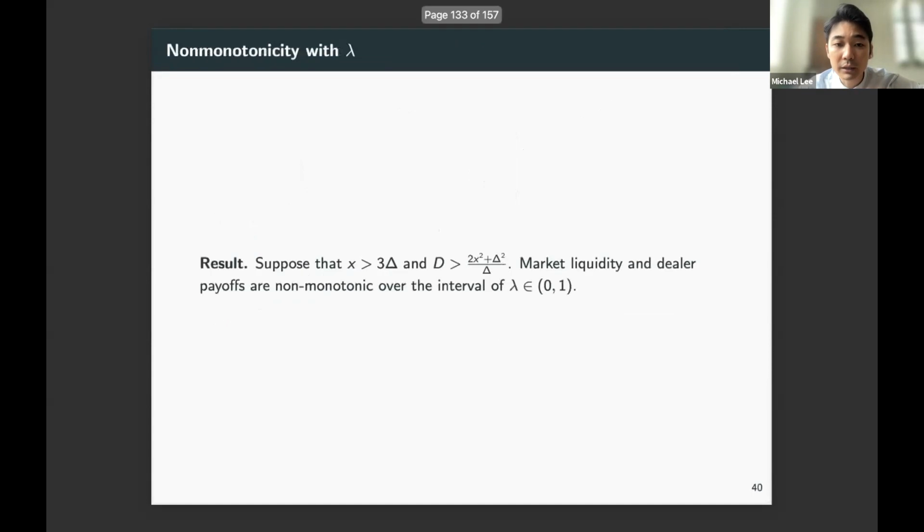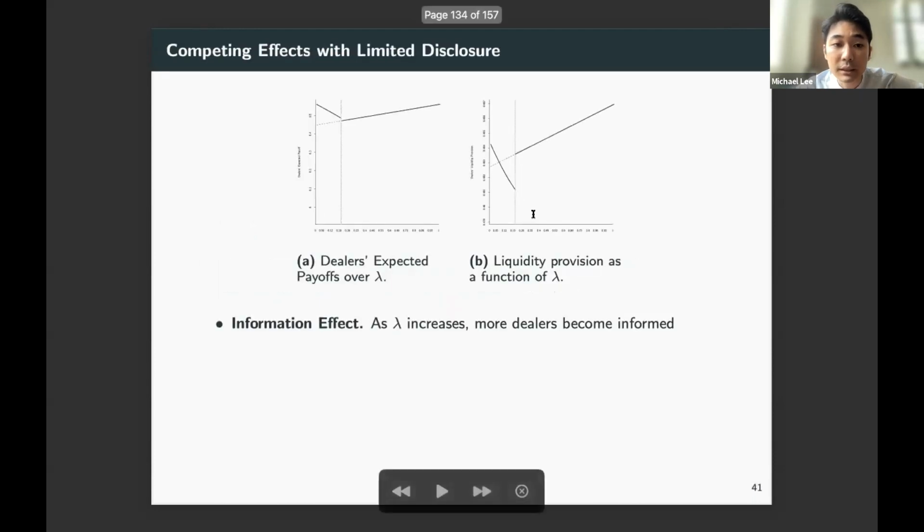Now, our main result here is that as long as X is sufficiently large, as long as there are sufficiently strong motives to trade for informational reasons, market liquidity and dealer payoffs are both non-monotonic over the interval of lambda. So what I mean is that over lambda starting from zero, as we gradually increase the fraction of dealers that become informed, overall market liquidity actually goes down.